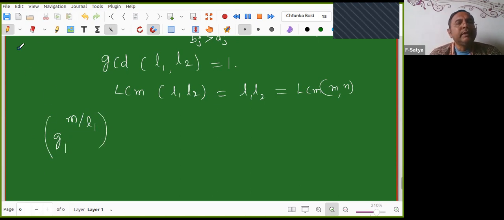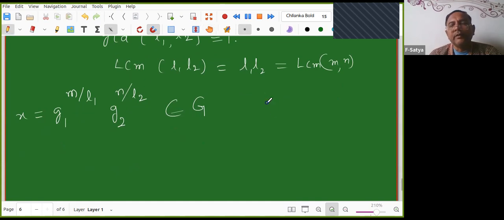So I take this element. Because L2 is not coming in the prime factors of M, that's why let us look into this. G2 power N by L2, right? So it is clearly an element of the group G.